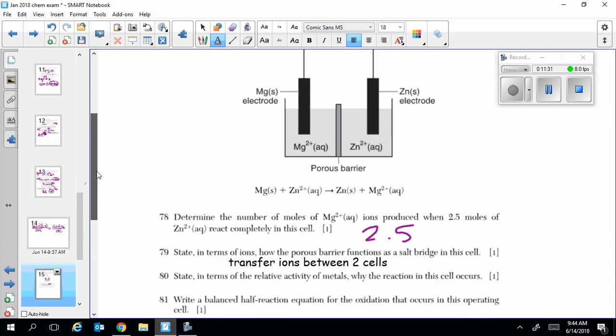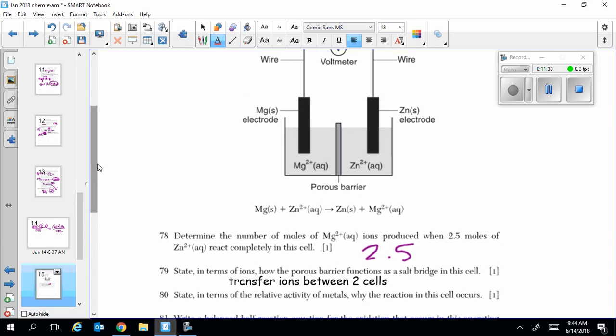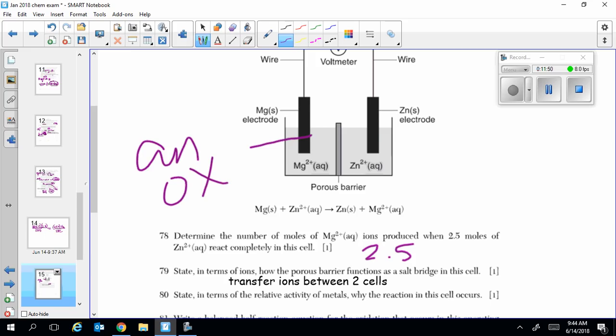State in terms of relative activity of the metals why the reaction occurs. Okay, so in this reaction, it is voltaic. So whichever one is higher on table J is going to be oxidized. So Mg is higher than Zn on table J. So Mg, this side is going to be my anode, and this side is going to be my cathode. And if you look down here at the reaction, Mg is a 0, and here it's a +2.